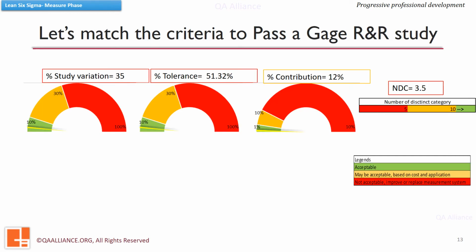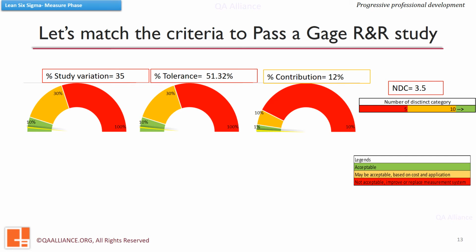Now, we will match the values with the guidelines laid down by the Automotive Industry Action Group, which are generally referred to. Though we should again note that an organization may have different guidelines based on their past experience and industry type. The measurement system's variation is not less than 10% of the process's variation, and thus it is unacceptable.